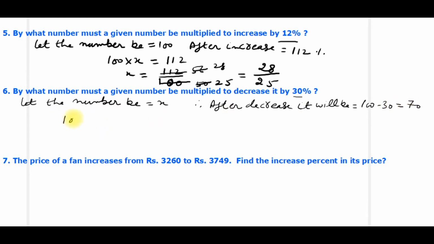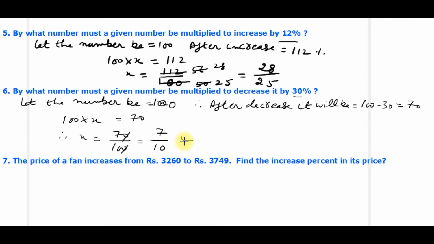Let the number be 100 here, not x. After multiplication of 100 with x, let it become 70. Therefore x would become 70 upon 100. Our answer would be 7 upon 10, right students?